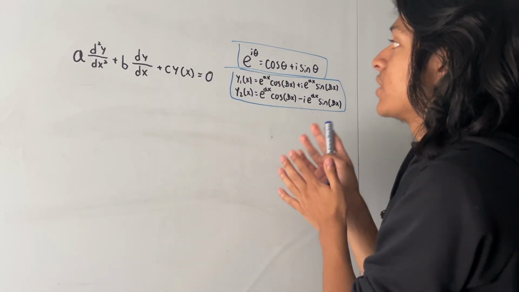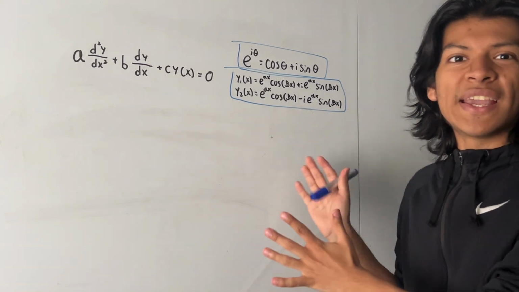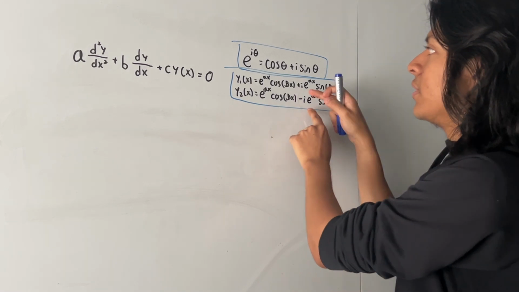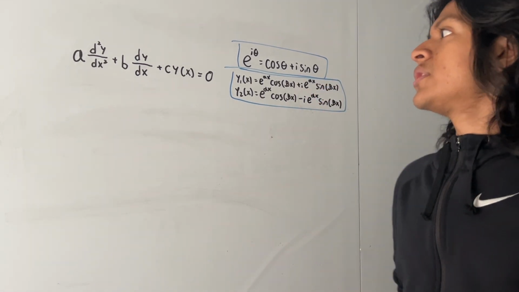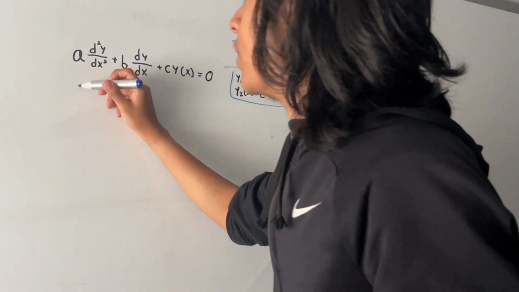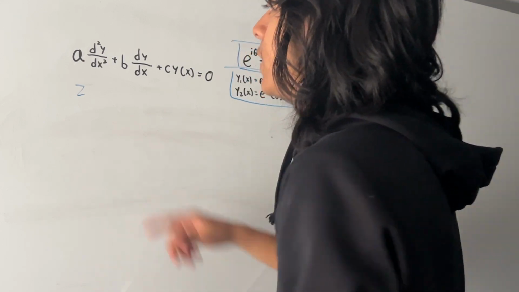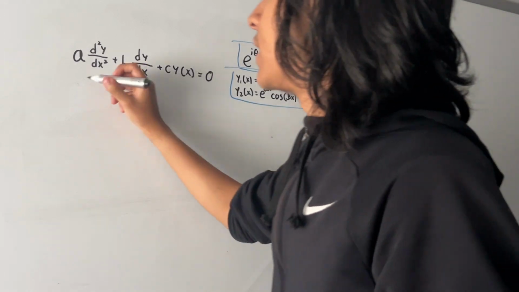Okay, so now that we solved for our solutions, y1 and y2, notice how they kind of look the same. Again, we have our real parts here, we have an imaginary number here, and we have another real part here. So what we're gonna do is have another function, for the general case, I suppose.